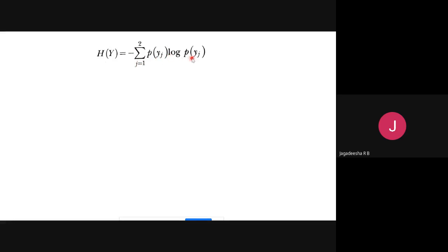For them, you need to compute. So right now we know the values of these probabilities. One value is 0.56, the other value is 0.44. That means for y1 it is 0.56, for y2 it is 0.44. So you can get the entropy of the output this way.